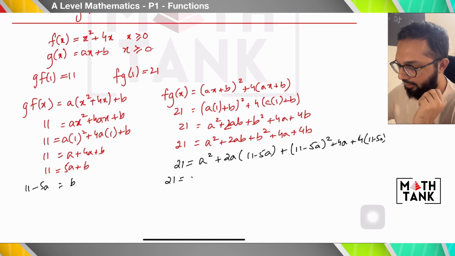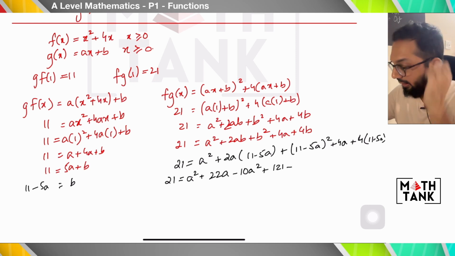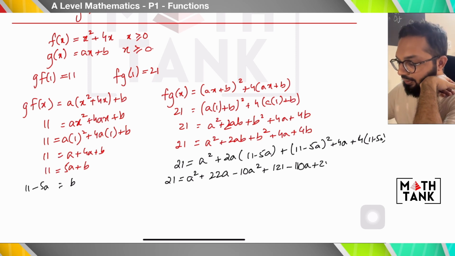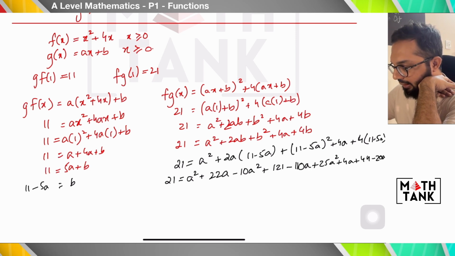Okay, so 21 equals a squared plus 22a minus 10a squared plus 121, minus 2 into 5, 10, 10 into 11 is 110, plus 25a squared plus 4a plus 44 minus 20a.